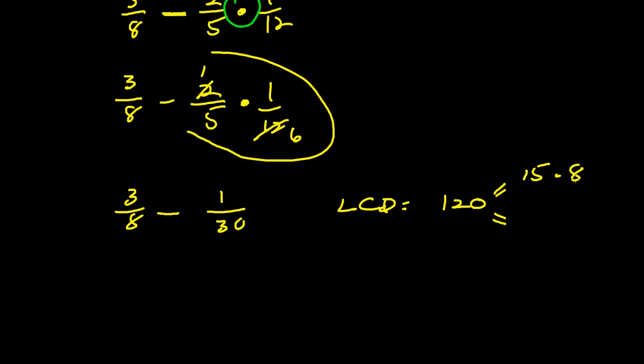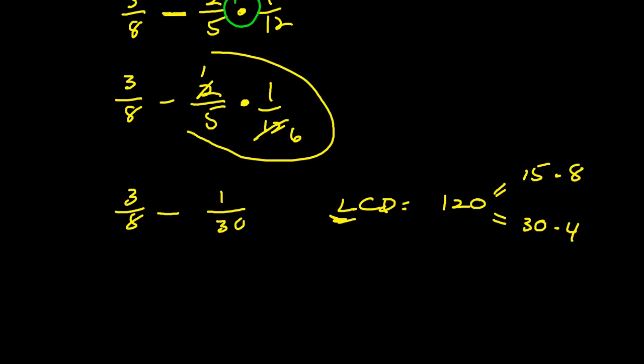So 120 is a multiple of 8. And similarly, 120 is a multiple of 30. 30 times 4 is 120, right? All right, so 120 is a number that's a multiple of both 8 and 30, and it is the smallest number that is a multiple of both. So hence the least common denominator.